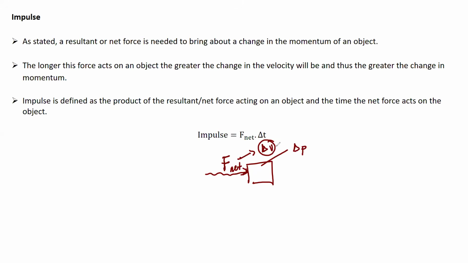And when the velocity is changing, the momentum must also change. So bring me a net force, and as the net force, I will change the velocity of the object. And when the velocity of the object is changing, then its momentum will also change.